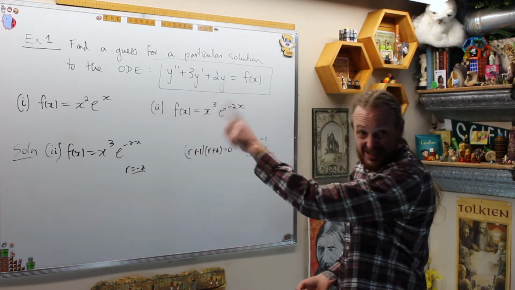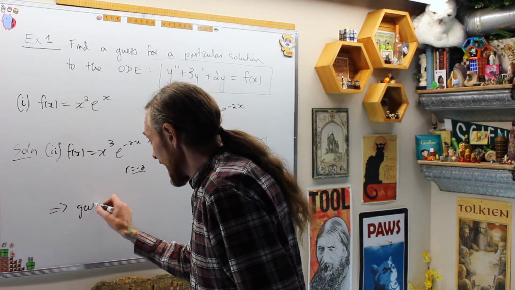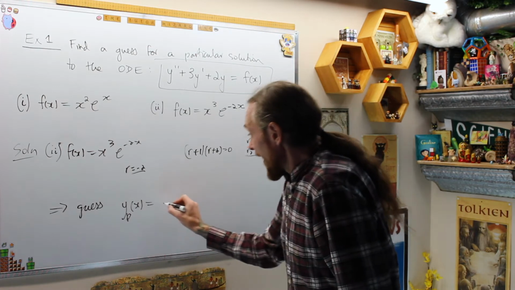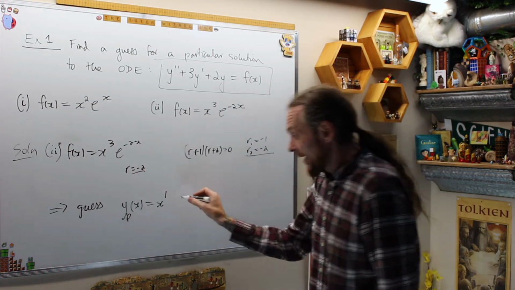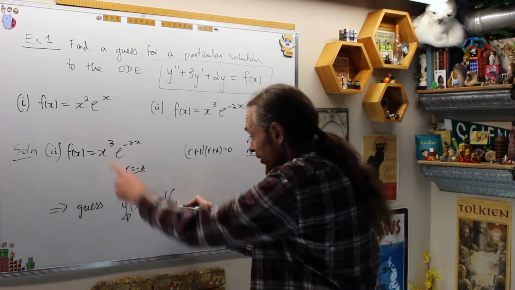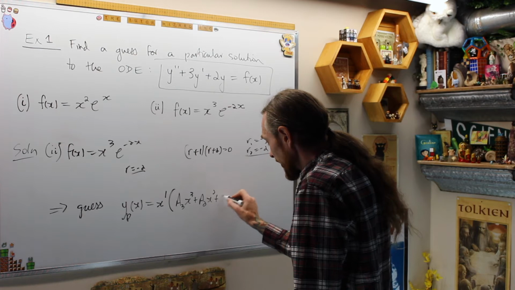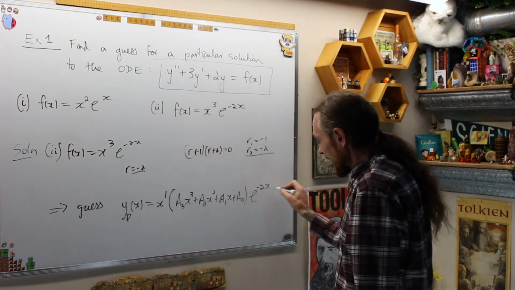It's not a double root, it's a single real root. Therefore, we guess for our particular solution, y particular is going to be x to the 1, because it was a single root, times a degree 3 polynomial, a3 x to the 3 plus a2 x squared plus a1 x plus a0, times e to the negative 2x.